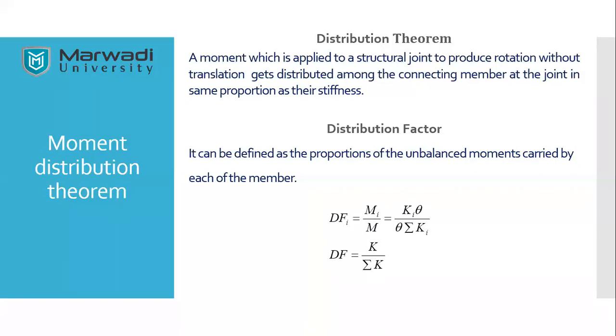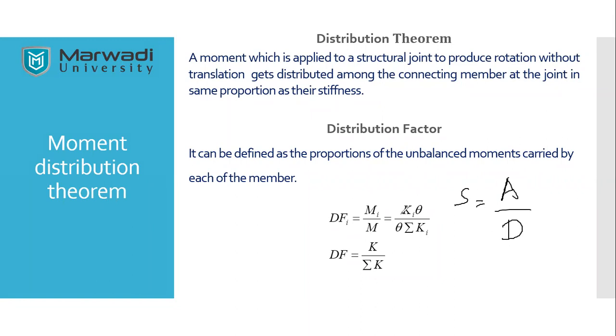So that is the distribution factor. And see, another definition I can write: we know that moment is K into theta. If you remember the definition of stiffness, it was the action required to produce unit displacement.